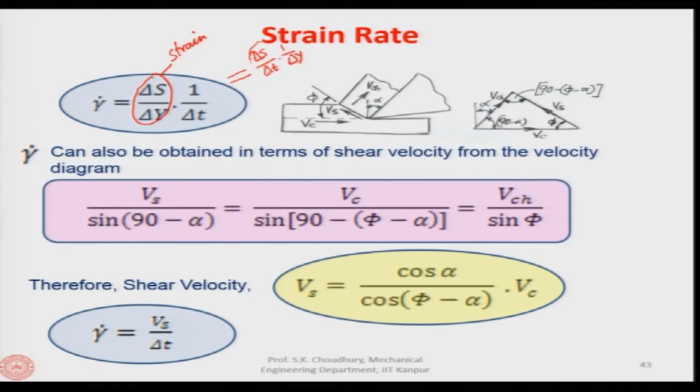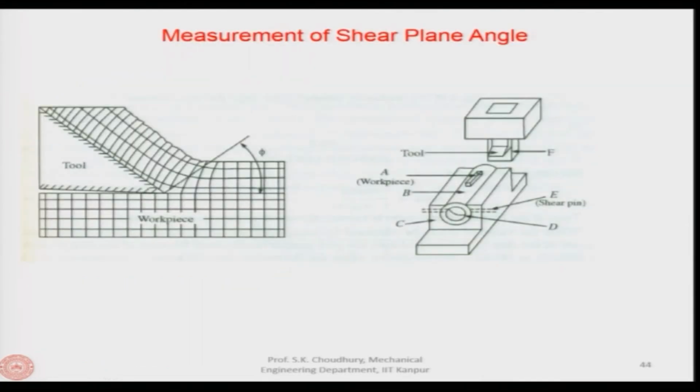Sorry, this is delta y, and divided by delta t. So, this is equal to Vs, delta S by delta y, and this is divided by delta t. So, therefore, strain rate we can find out if we know the shear velocity and the time at which it is actually taking place, delta t. We will come in details in the later stage.